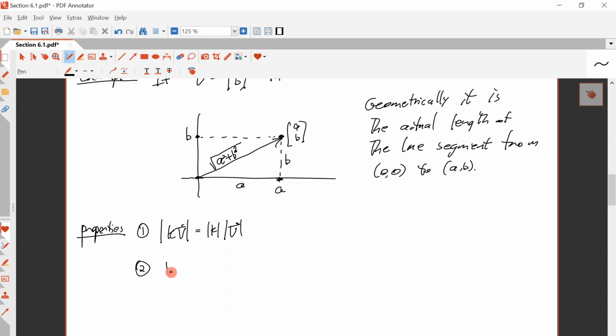Two, just because it's defined that way, the length of v squared is just v dot v. That's just the definition of it.